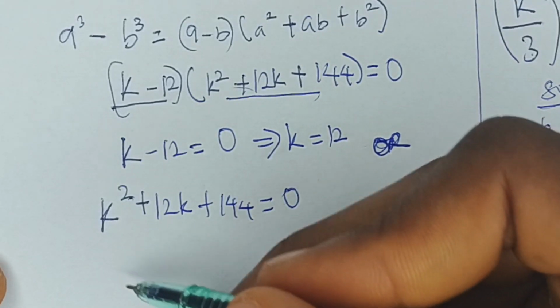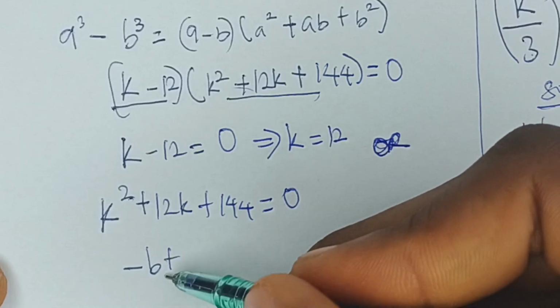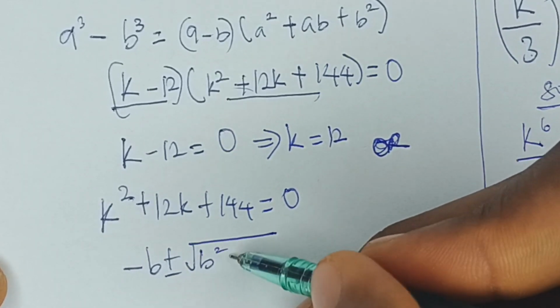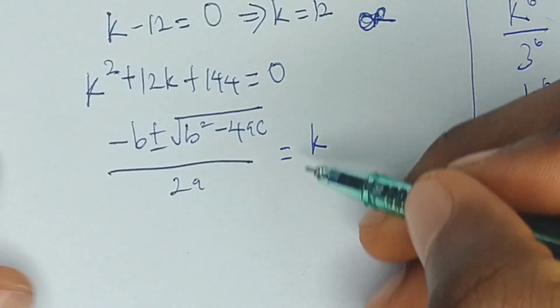And solving this, using the quadratic formula, we have that minus b plus or minus the square root of b squared minus 4ac all over 2a is equal to k.